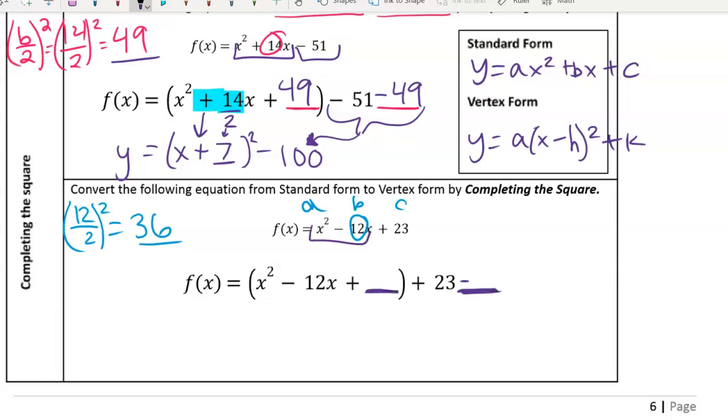Remember, we're adding it to this section and subtracting it from the c. The reason we break it out into two separate sections is because the first section has a variable x. The second section is just a constant, so no variable, just a plain number. So we add to the variables and we subtract from the plain numbers.